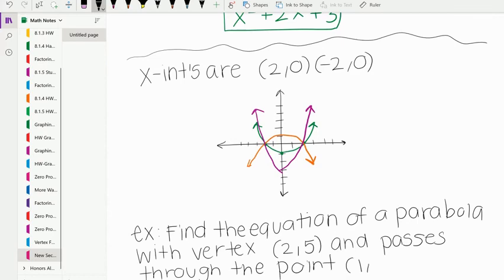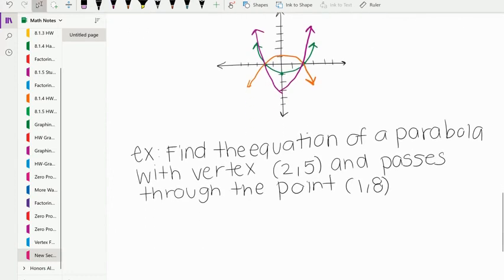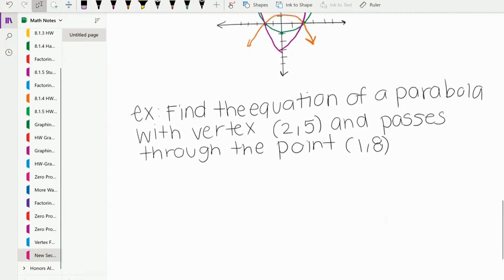Now, the reason I have to give another point is we don't know the a value, and the a value, once again, is the stretch factor. It tells us how steep it is, or maybe if it's upside down.